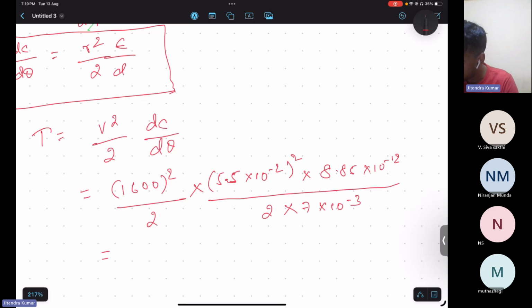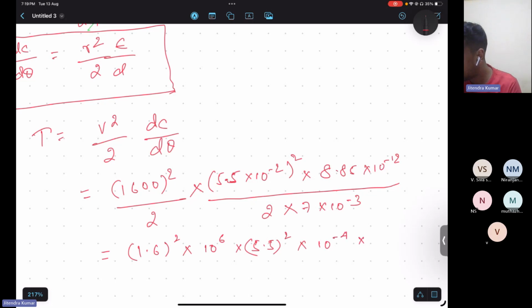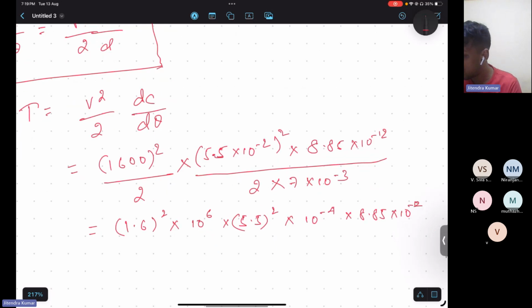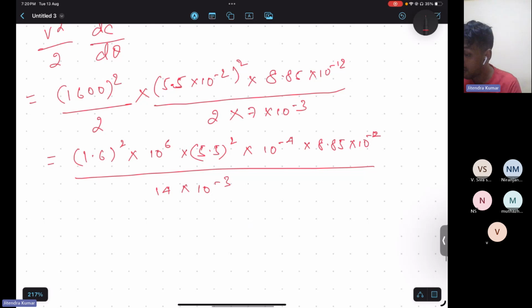1.6. Okay, let me calculate it. 1.6 square into 10 raised to power 6 into 5.5 square into 10 raised to power -4 into 8.85 into 10 raised to power -12 divided by 14 into 10 raised to power -3.